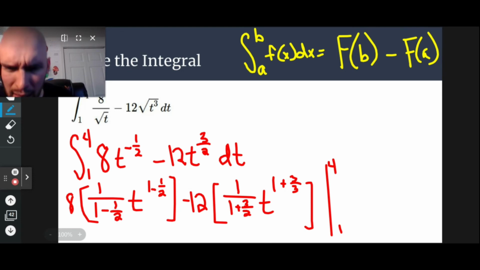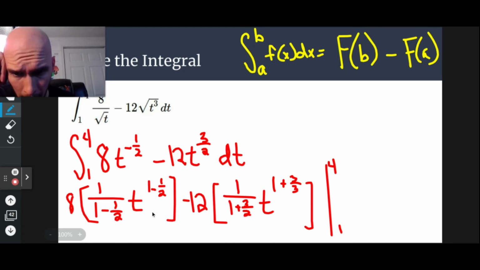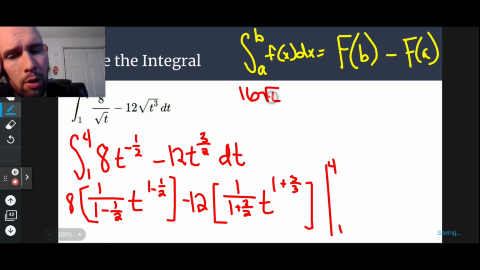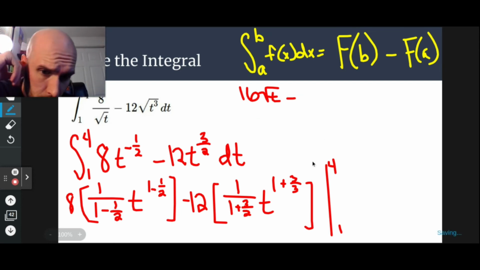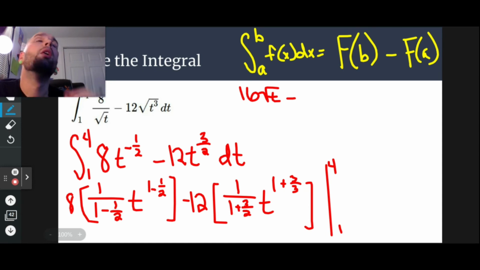All right, so we have, let's do a little bit of math in our heads. 1 over 1 minus a half is a half, so that's going to become 1 divided by a half is 2. So this becomes 16 square root of t, because this becomes 1 minus a half, which is a half, and so t to the 1/2 is square root of t, minus, this is going to become 1 over 1 plus 3 halves, which is 5 halves.